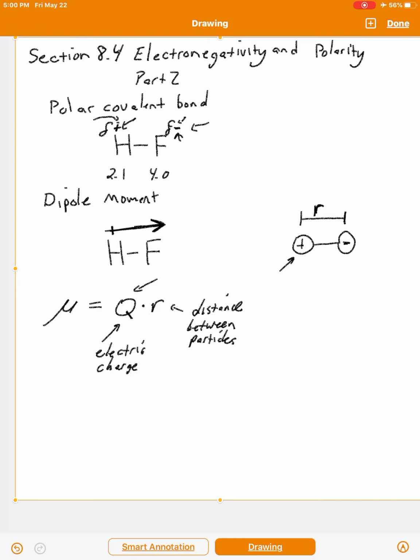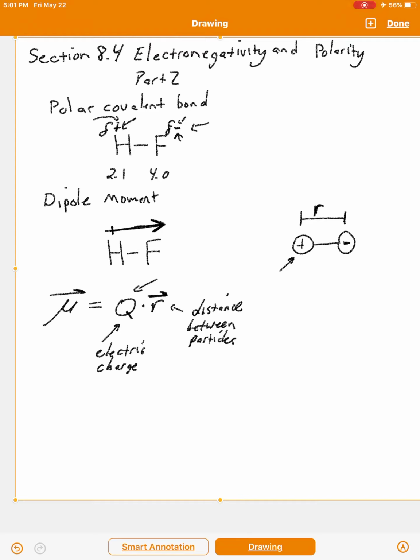Now, pointing out, for those of you who have had physics, the dipole moment is a vector. So I'm going to draw a little arrow in front of it to indicate that there is a directionality to this dipole moment. And that directionality has all to do with the length of distance between those two charges.